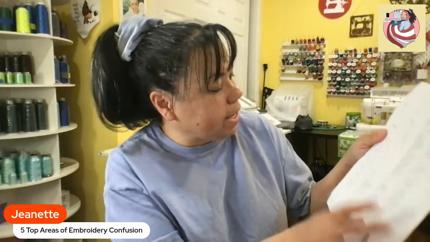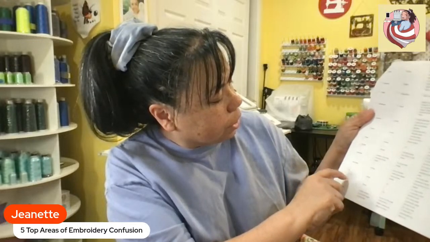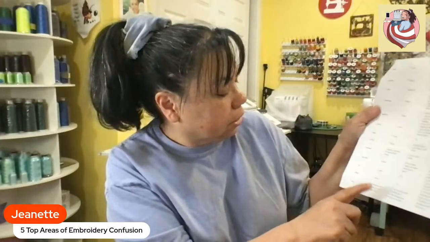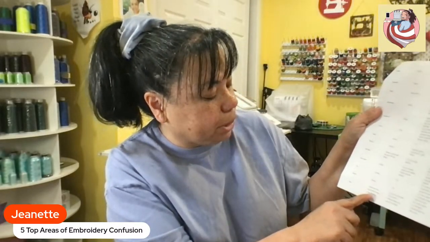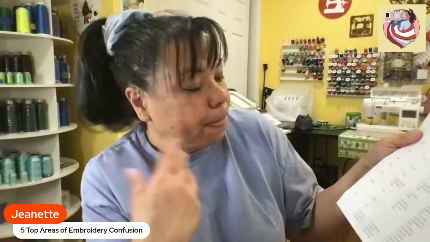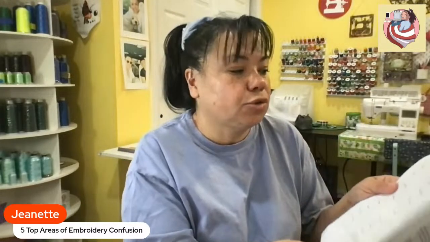Corduroy, cutaway, denim, cutaway, leather, cutaway, felt, cutaway, flannel, cutaway, fleece, cutaway, or tearaway may be used for simple and light designs. Okay, so this is a good starting point for you guys, right? So that you can kind of know what stabilizer to use with what fabric and then what design too.